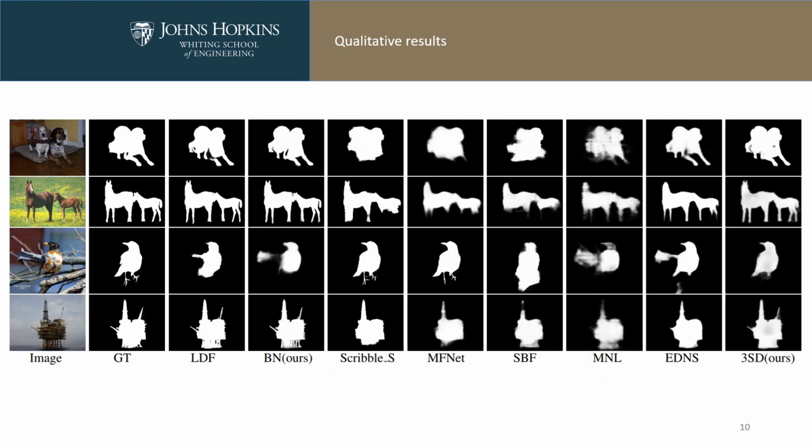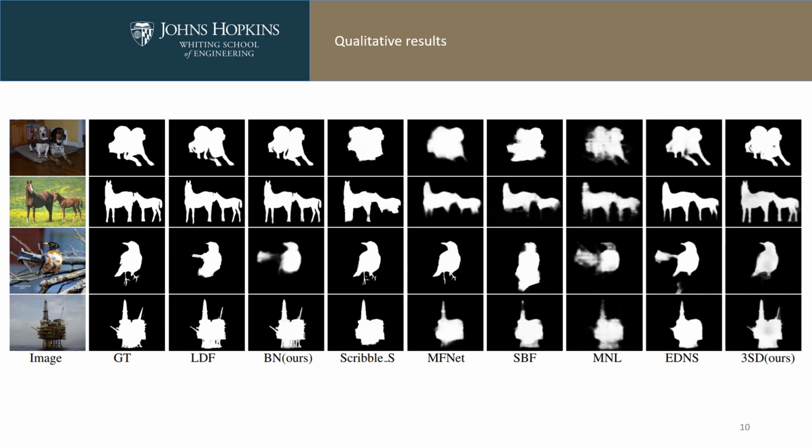The following figure shows the qualitative comparisons of our proposed 3SD method with the state-of-the-art weakly supervised, unsupervised, and fully supervised methods, where we can clearly see weakly supervised and unsupervised methods were not able to capture the finer details of the salient object as shown here.